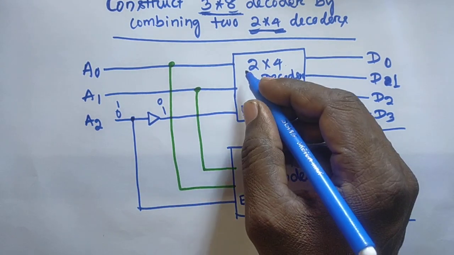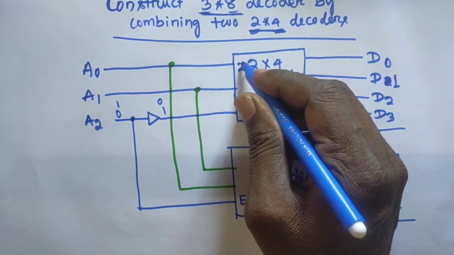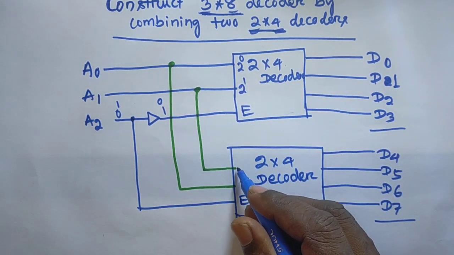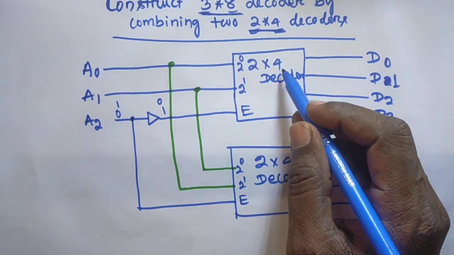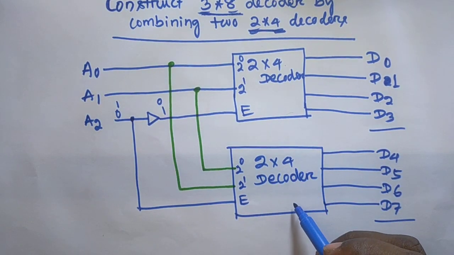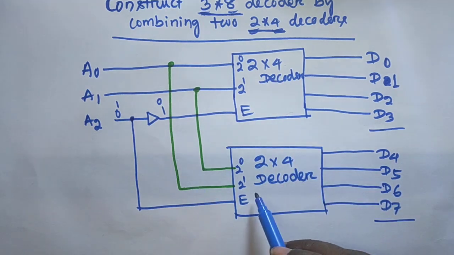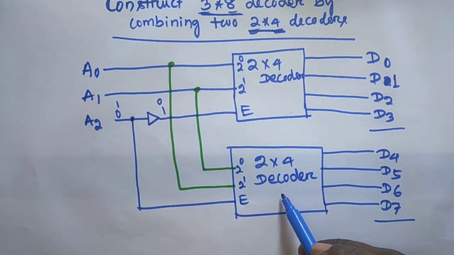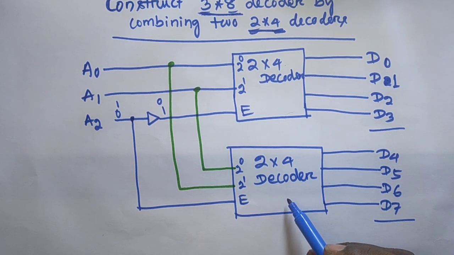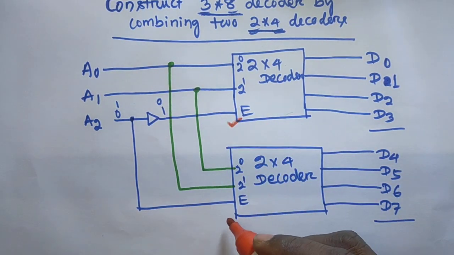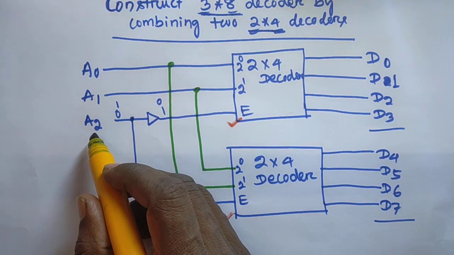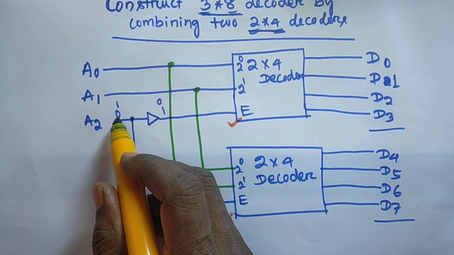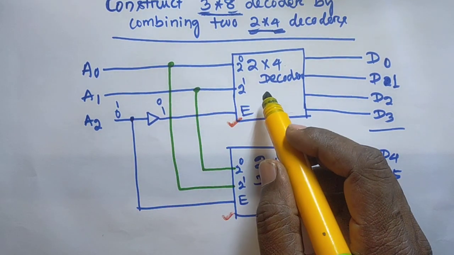So here, whenever data is provided, it is 2 to the 0, 2 to the 1. Similarly, 2 to the 0, 2 to the 1. 2 inputs are provided to this 2 to 4 decoder, and here also to the 2 to 4 decoder. But it will activate either this one or that one, depending on this particular input A2. If A2 is 0, the first decoder will be active.